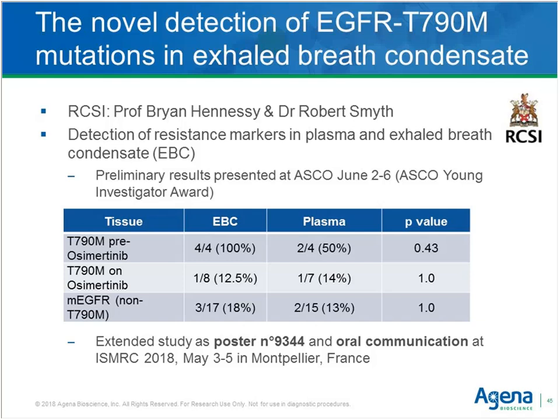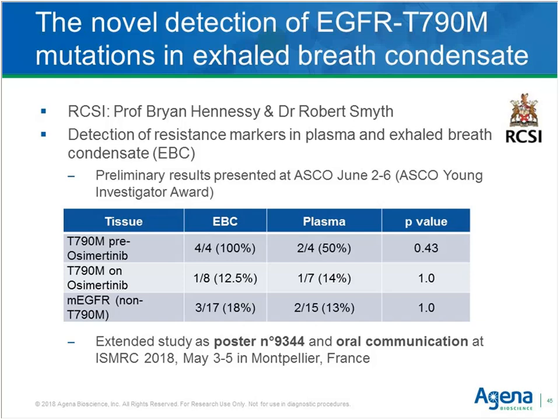But if you condensate the breath and get a condensate using a special device, a tube that has a freezing element, you get something that is called the exhaled breath condensate, abbreviated EBC, and actually we were able to detect the T790M resistance marker from that EBC in the cohort where we were expecting the marker to be present, as good as in plasma.